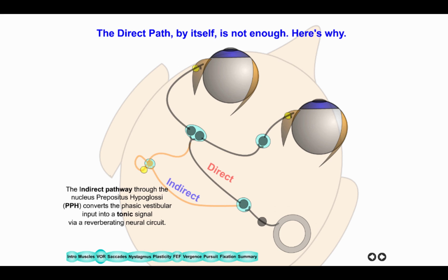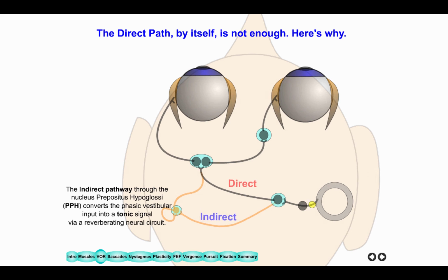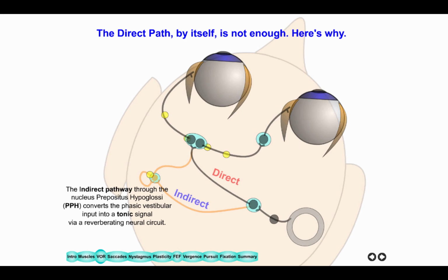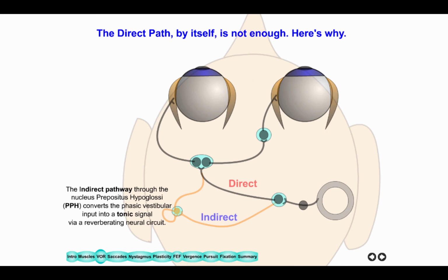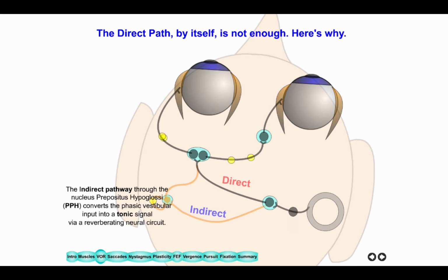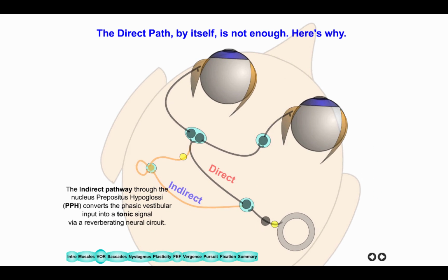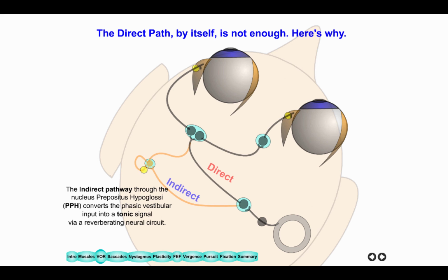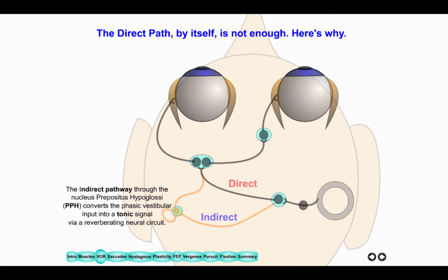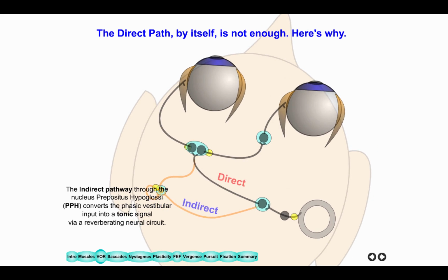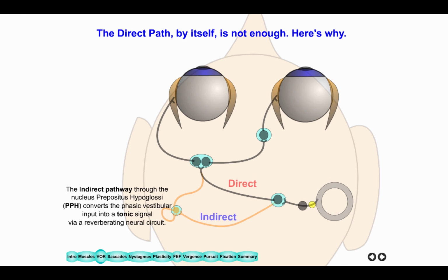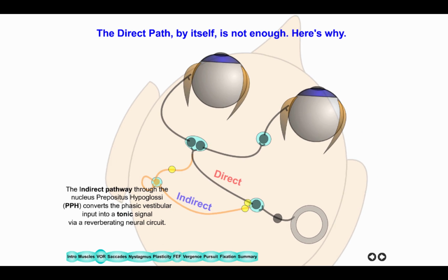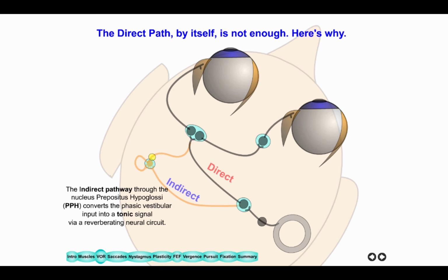And that nucleus has a neuron that sends a signal to the muscles, but also back to itself. So that means any time an action potential comes into it, it reactivates it. It keeps going. And if another action potential comes, it adds to it. And if a third action potential comes, it'll add to that. And gradually the activity will build up depending on how fast you're moving.